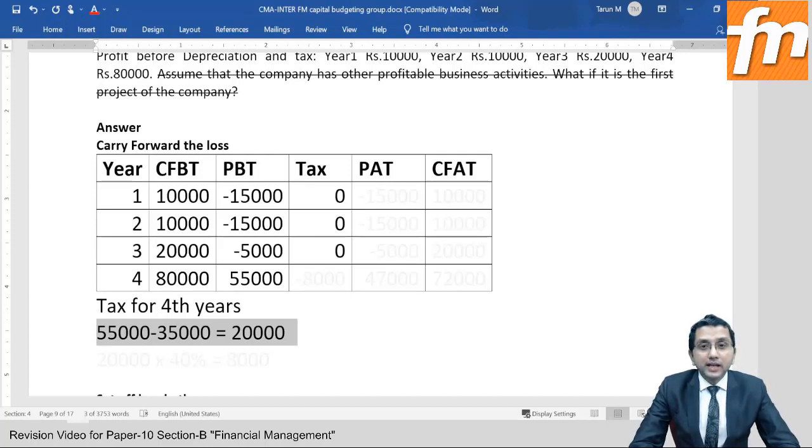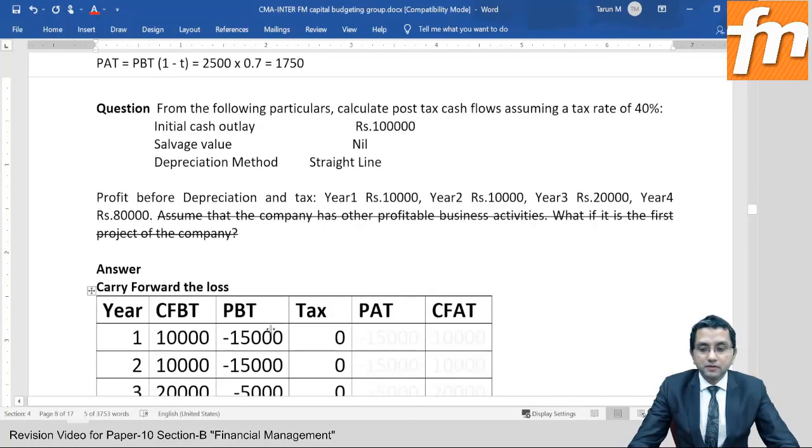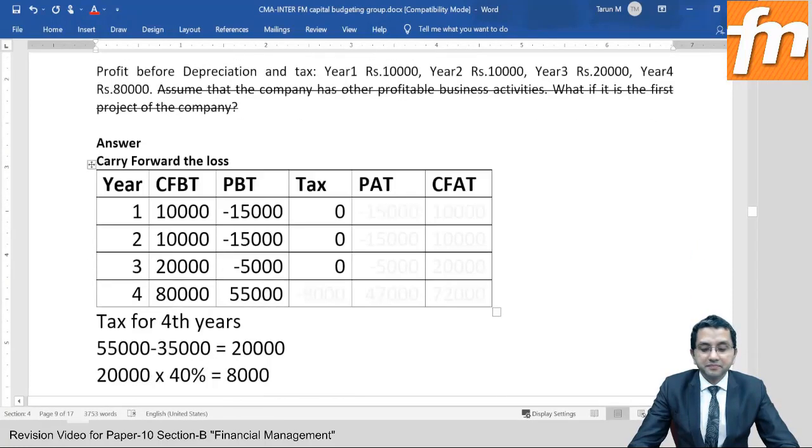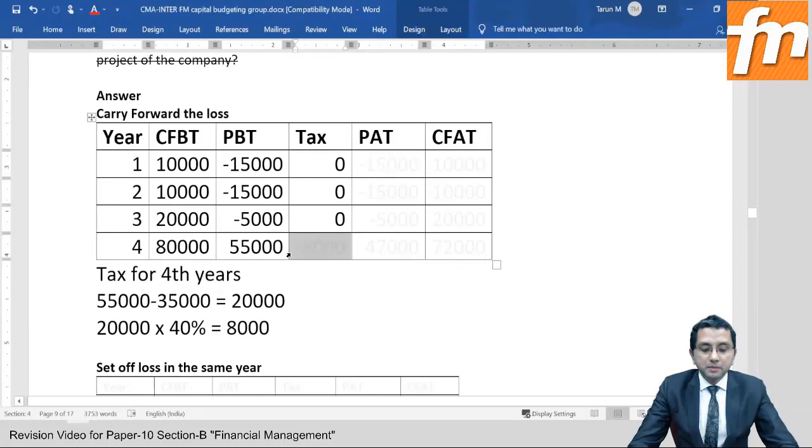Though my accounting profit is 55,000, my taxable profit is just 20,000. On this profit, I'll have to pay 40% tax because that is the rate of income tax given in the question. See here, 40%, right? So 8,000 will be my outflow of cash for payment of tax.